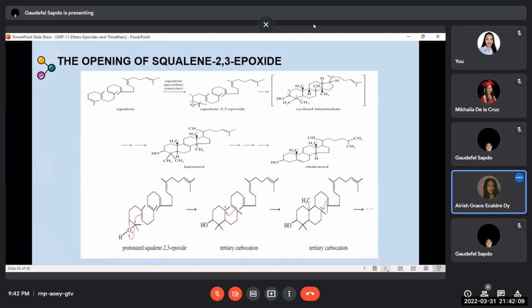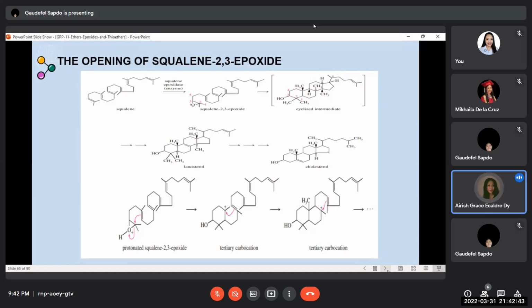The enzyme squalene epoxidase opens the epoxide and forms a carbocation that cyclizes under the control of another enzyme. The cyclized intermediate rearranges to lanosterol, which is converted to cholesterol and other steroids.